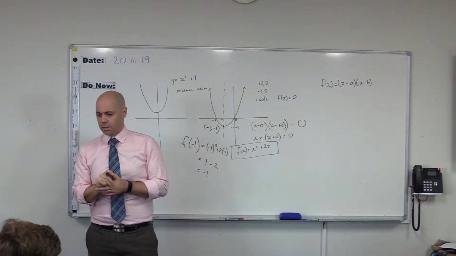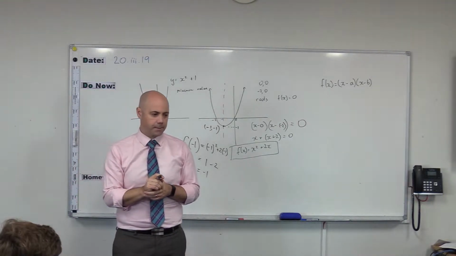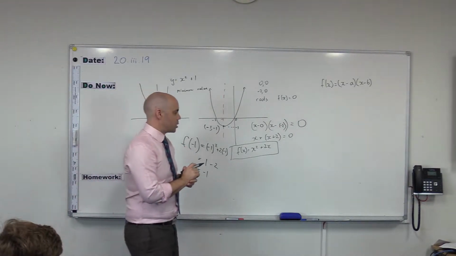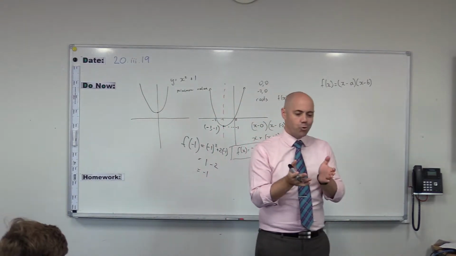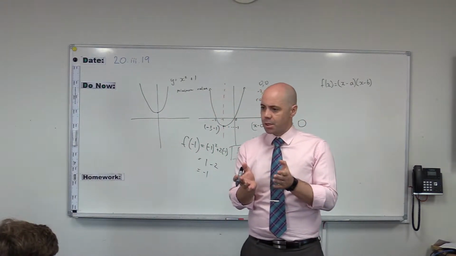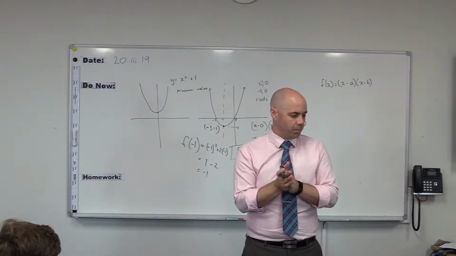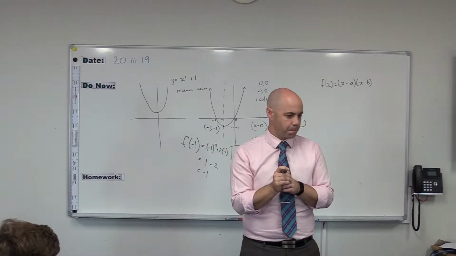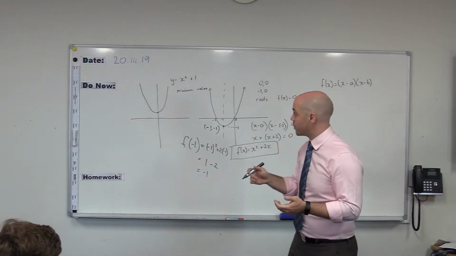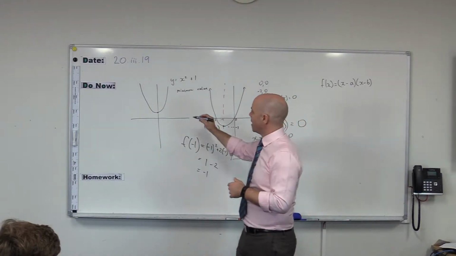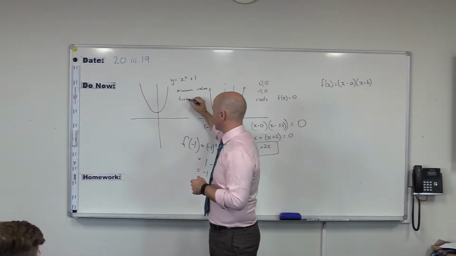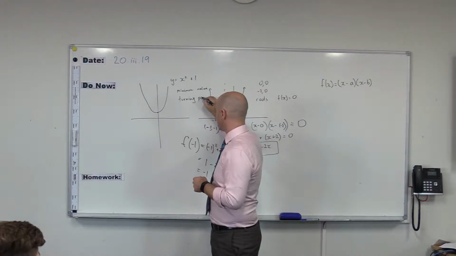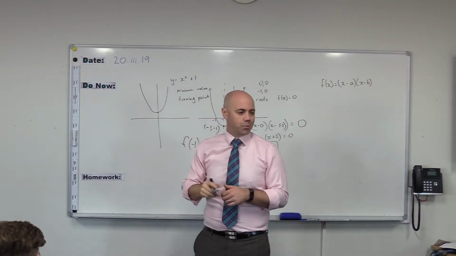Okay? So I can use the symmetry properties of a function to work out its minimum or maximum point. The other term we use for that as well, I forgot to mention this before, is we call it a turning point, because it's where the quadratic kind of turns around.